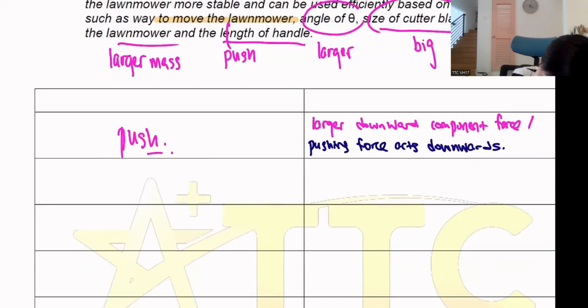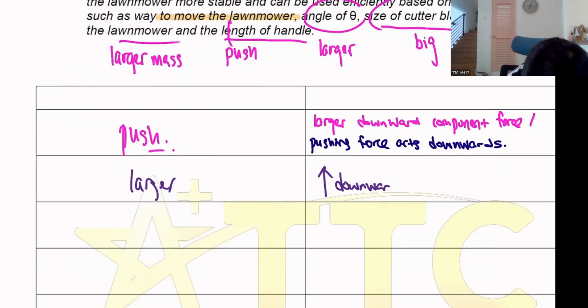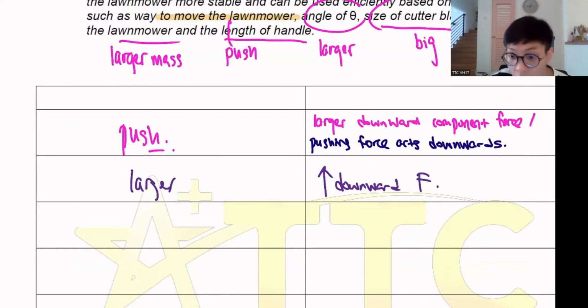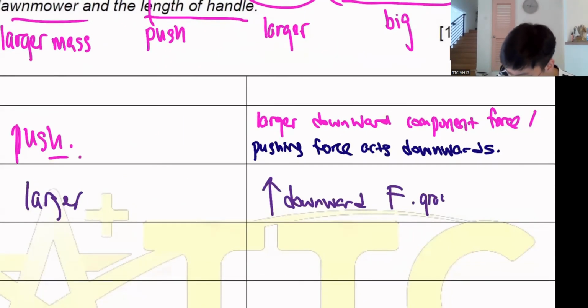Now, after that, angle of theta will be larger angle. This one I can say higher downward force. If you want to explain why you want higher downward force: so that the grass can be cut shorter.